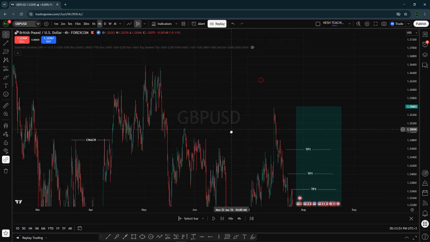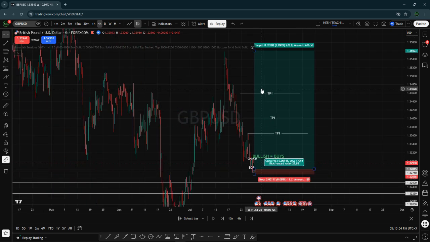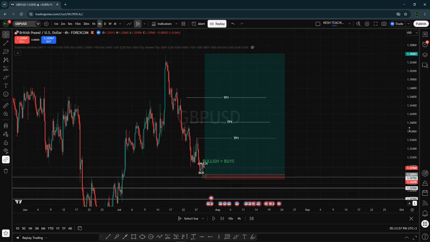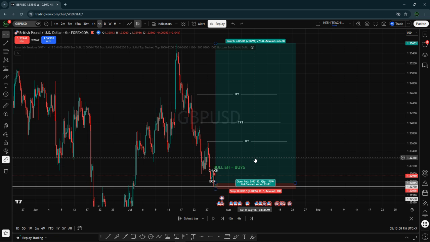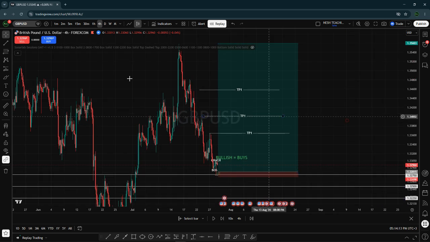And you can see, if you want, you can bring them up to this level, but we don't want to do that. It might come back on us. And you can see we have a risk reward of 1:23 here. So if you're risking $1, you're going to get $23. If you're risking $1,000, you're going to get $23,000. Wow. This is crazy.